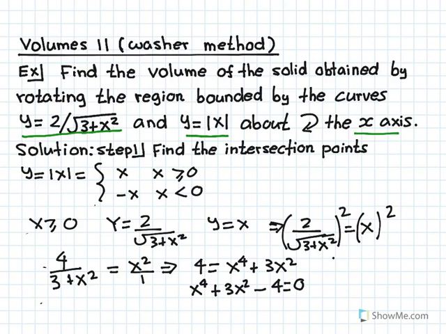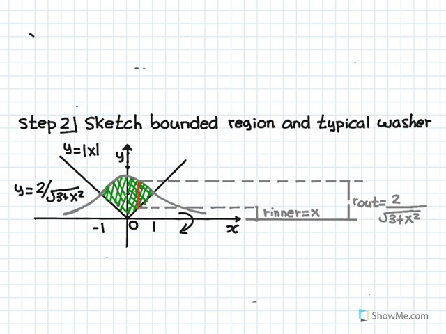If we guess x equals 1, you will see that it works. We get 1 to the fourth, that's 1, plus 3 minus 4, which equals 0. That works. So we can find the intersection point to be x equals 1, plug it into y equals x, and we get y equals 1. So one of the intersection points is (1, 1).